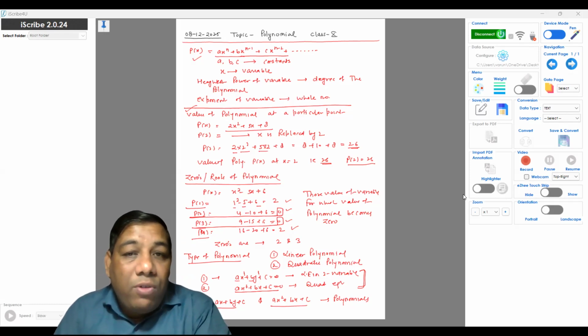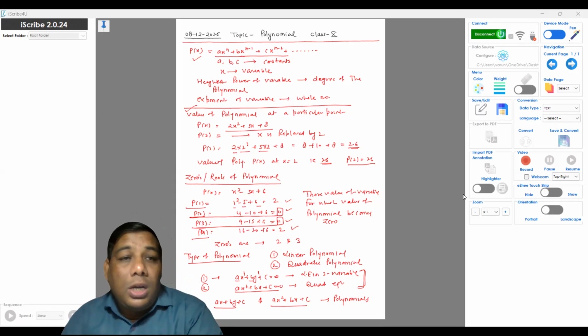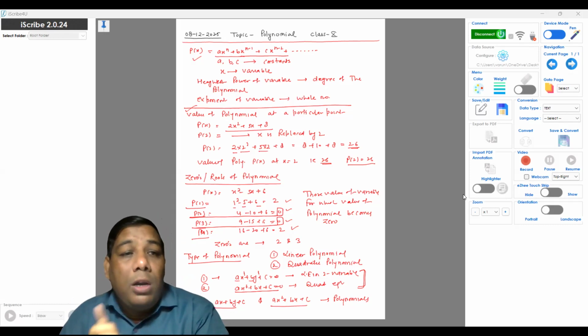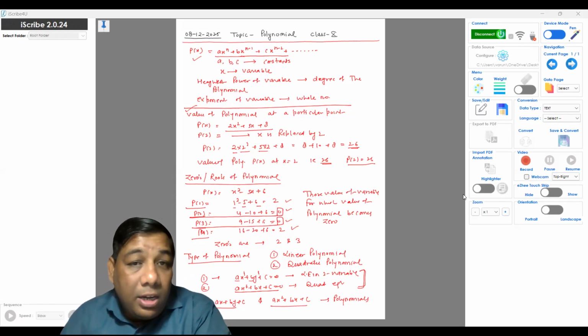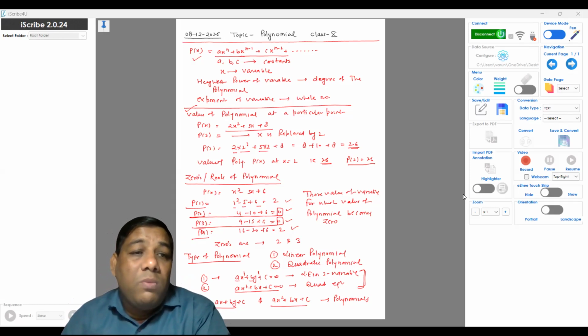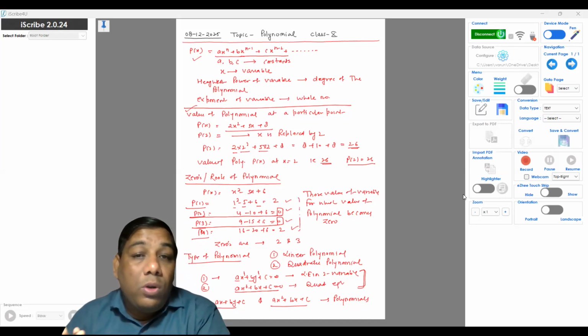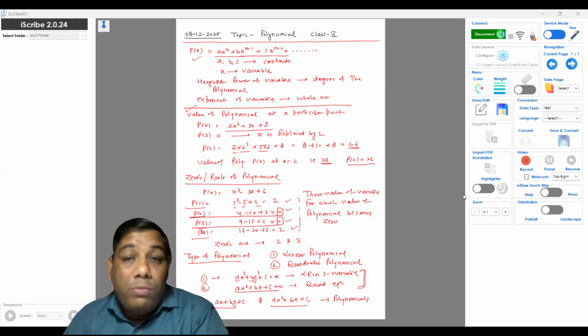Now zeros or roots of the polynomial. Zeros are those values of the variable for which the value of the polynomial becomes zero. वेरिएबल की वो वैल्यू जिनके लिए पॉलिनोमियल की वैल्यू ही जीरो हो जाती है, those values are known as the zeros or roots of the polynomial. हमने यहाँ पर x की four values replace की थी, 1, 2, 3 and 4. So 1 and 4, these are values of the polynomial. 2 and 3 also are values of the polynomial, but at x equal to 2 and x equal to 3, the value of the polynomial becomes 0.